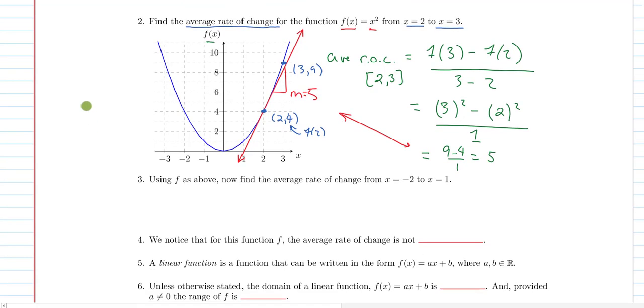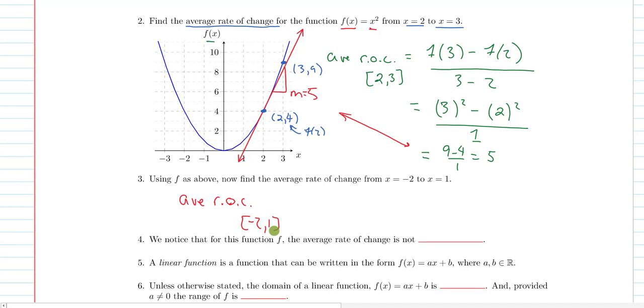So what I'd like you to do now, or we'll work together, is let's go ahead and find the average rate of change on a different interval. So let's find the average rate of change for f on the interval from -2 to 1. Well, this would be f of the right endpoint, f of 1 minus f of -2, all divided by, excuse me, that's incorrect, folks, all divided by 1 minus -2.